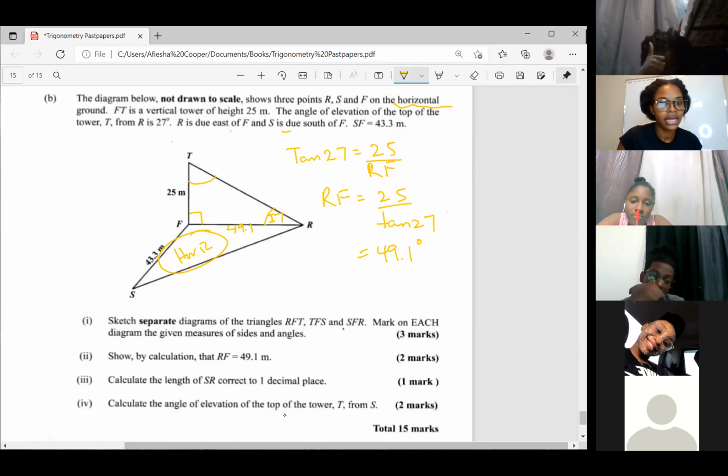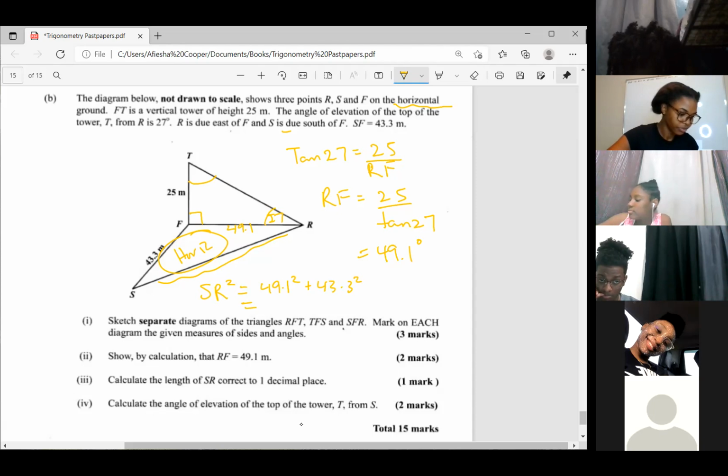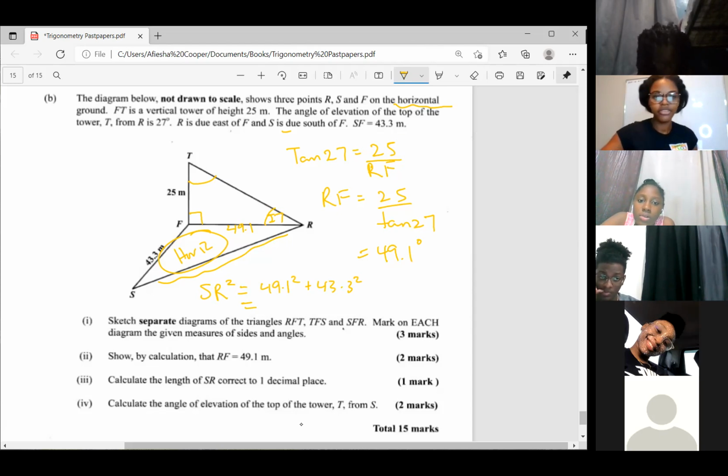Calculate the length of SR correct to 1 decimal place. So where's SR? SR is here. Again, this is a right angle triangle, so we could use Pythagoras' theorem because we have 2 sides. SR squared is equal to 49.1 squared plus 43.3 squared, which is how much? 65.47, 65.47 to 1 decimal place, so 65.5.